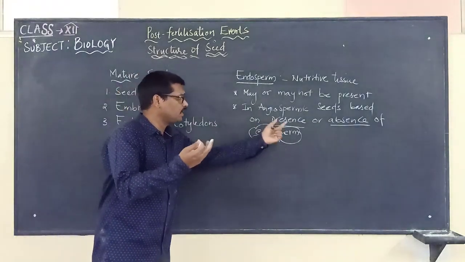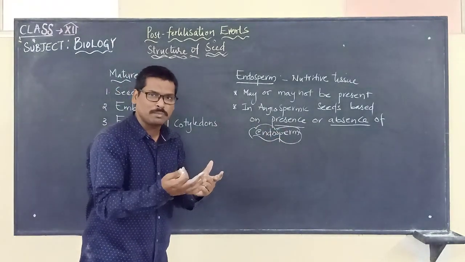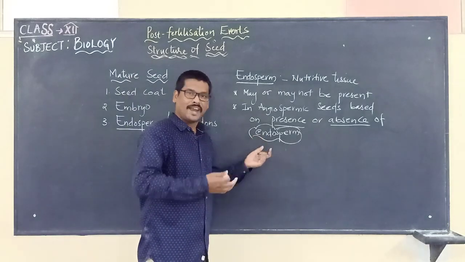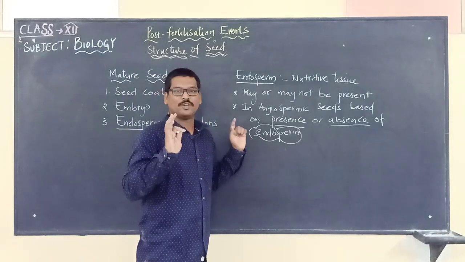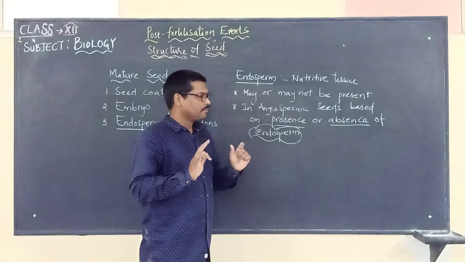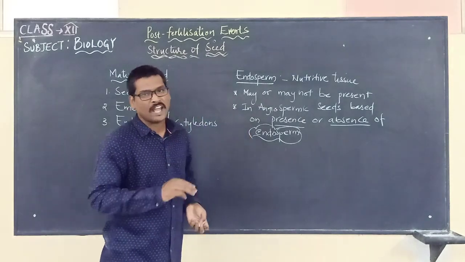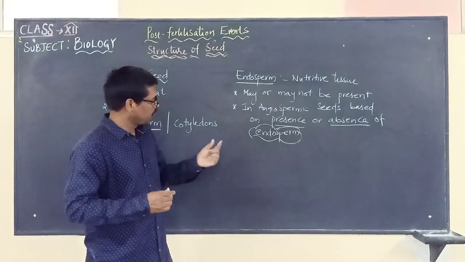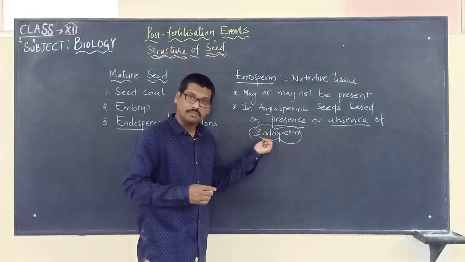It is now clearly understood that some seeds will have the endosperm, and some seeds may not have the endosperm. So we say there are two different types of seeds based on the presence or absence of endosperm.